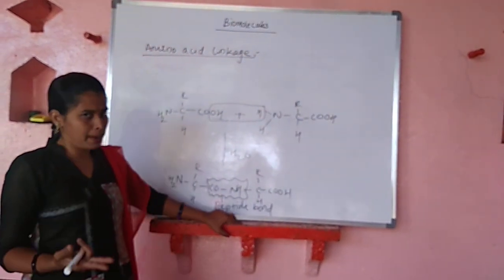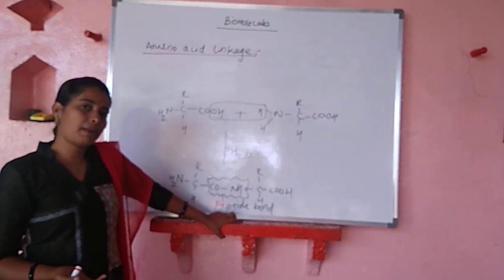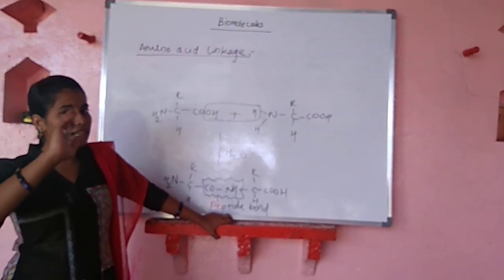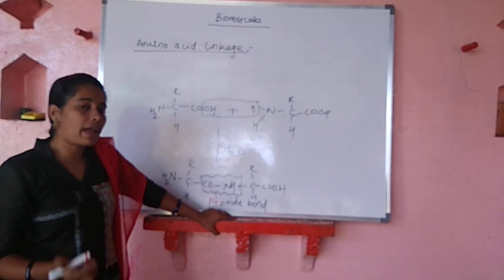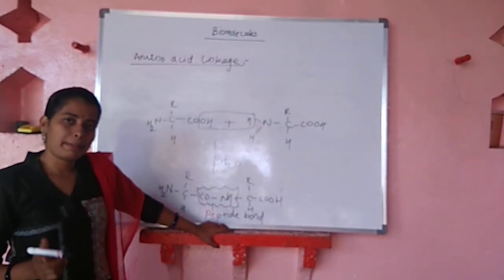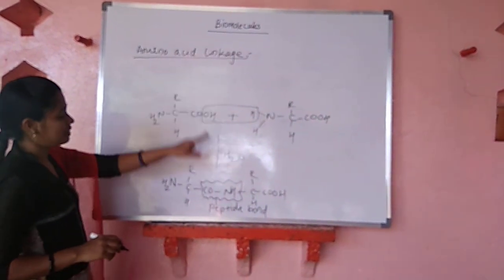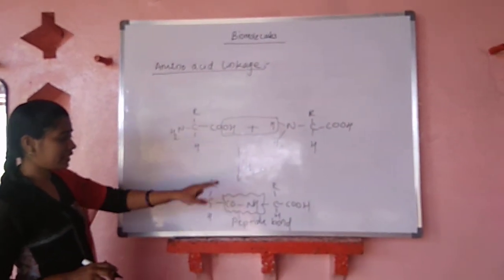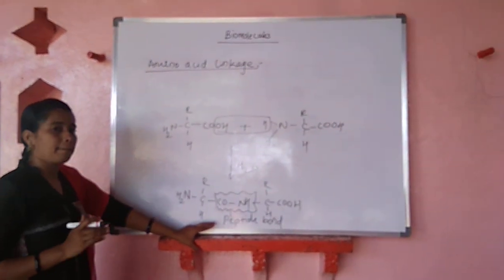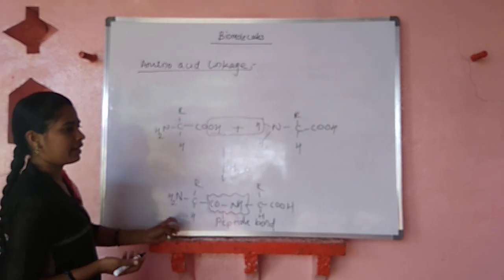If there are three peptide bonds, then there will be tripeptide, tetrapeptide, pentapeptide, and if it contains many, n number of peptide bonds, then we call it a polypeptide. Understood? So this is amino acid linkage, which is also called peptide linkage or peptide bond.